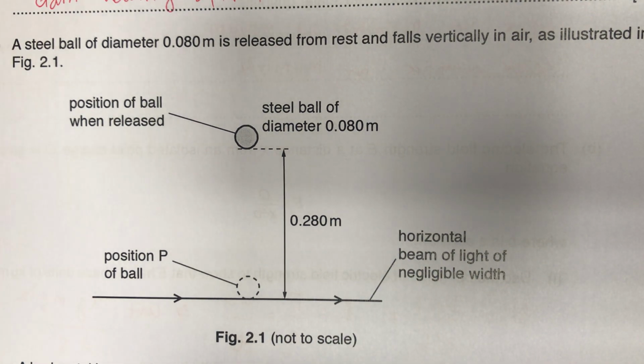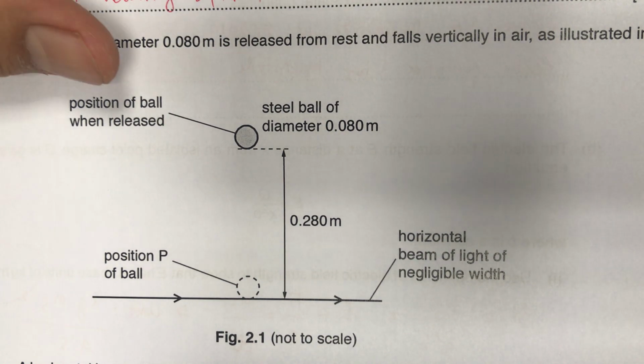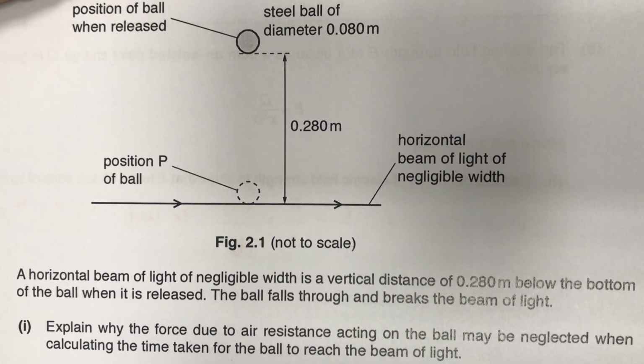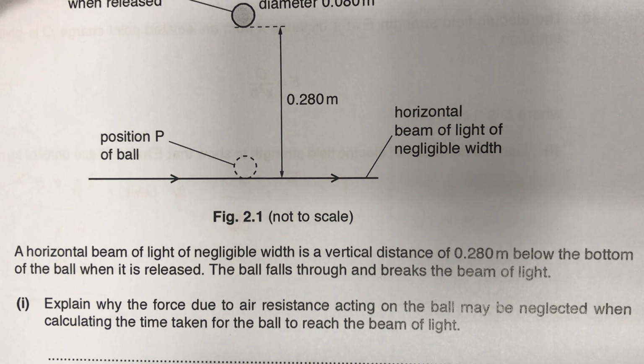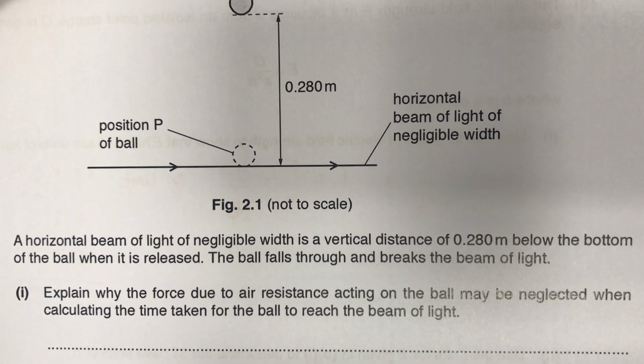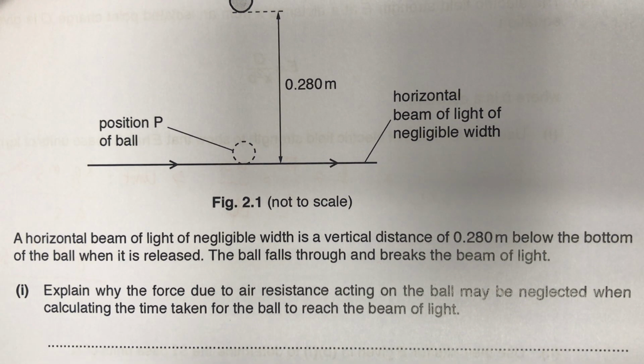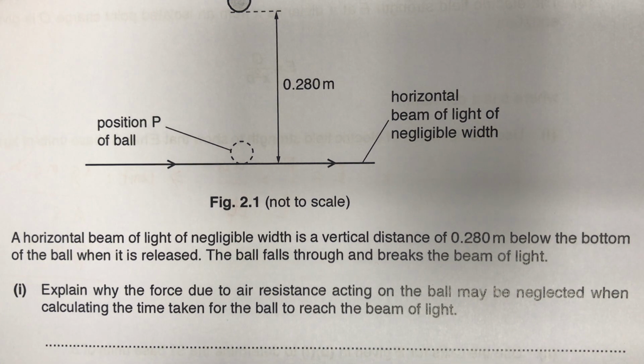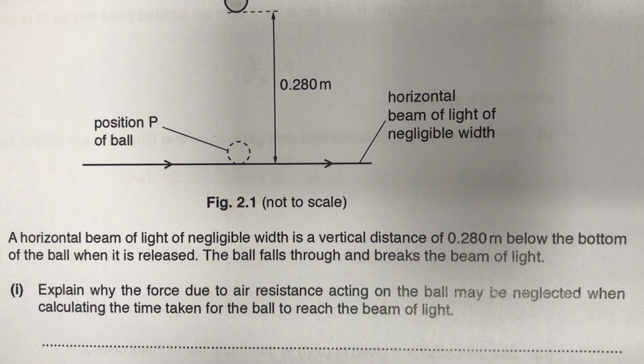and a horizontal beam of light of negligible width is a vertical distance 0.28 meter below the bottom of the ball when it is released. The ball falls and breaks the beam of light.